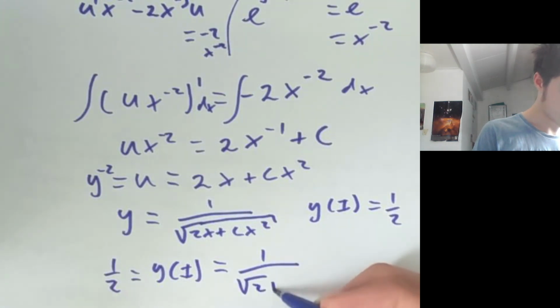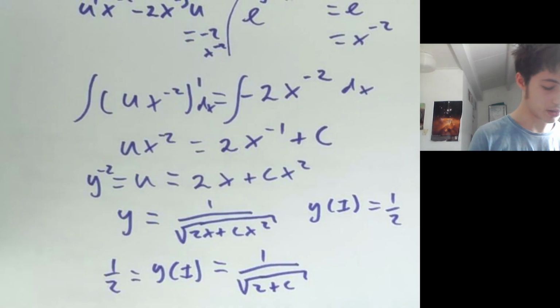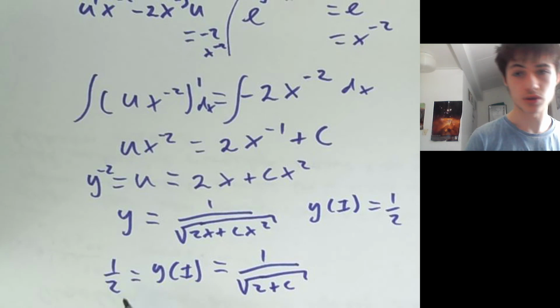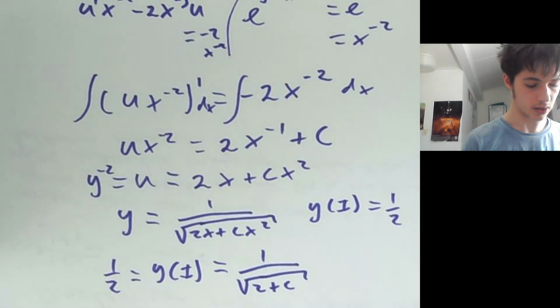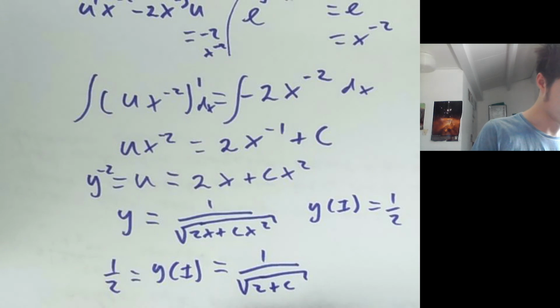This is just 2. This is c. And of course we can reciprocate both sides, then square both sides, and 2 is non-negative, so everything will work out, and we'll see that c is equal to 2.